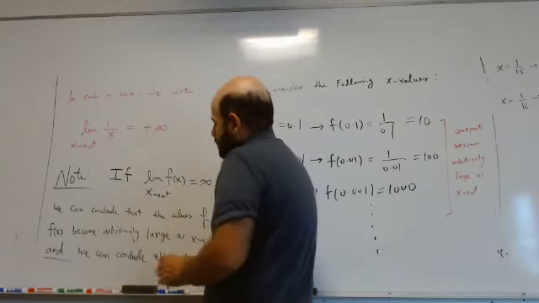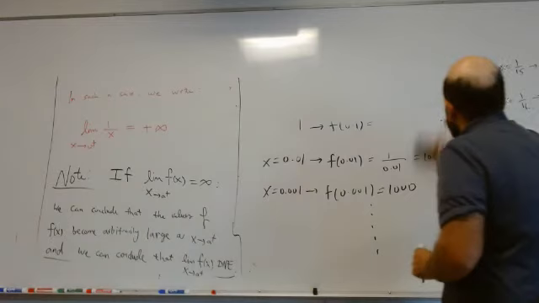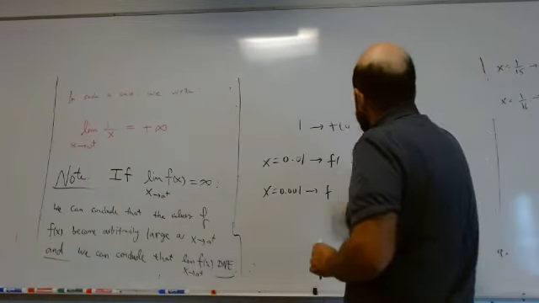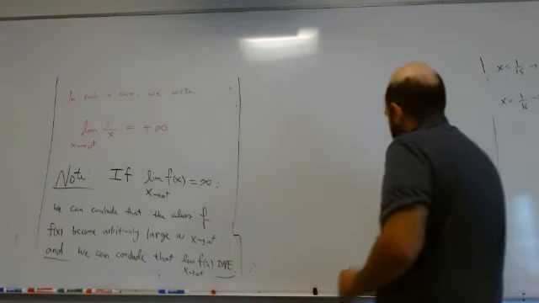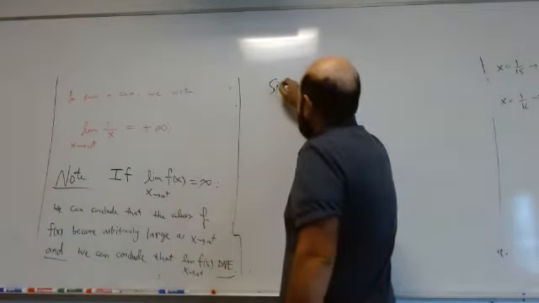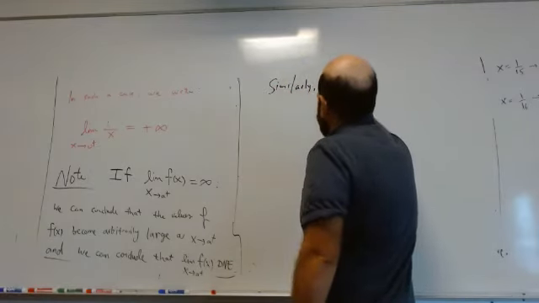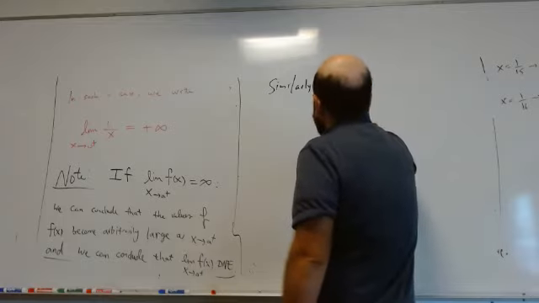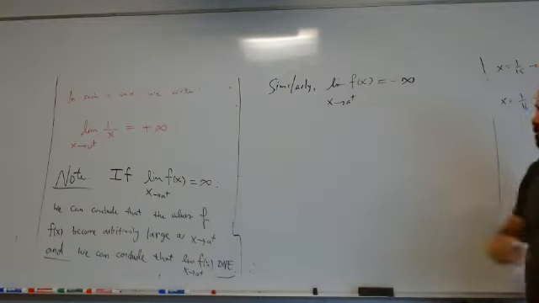I can also write similar scenarios to this. So it writes similarly. So for example, the limit of f of x as x goes to a from right equals minus infinity.